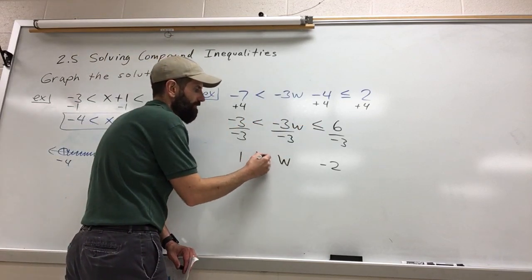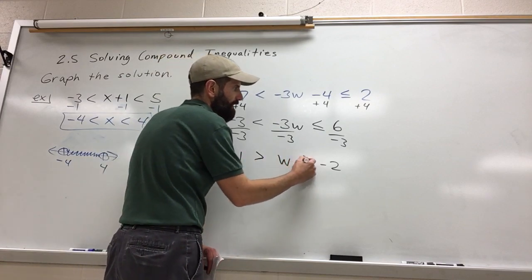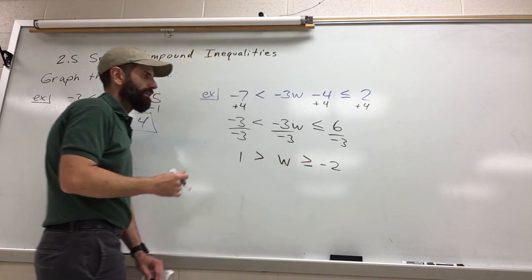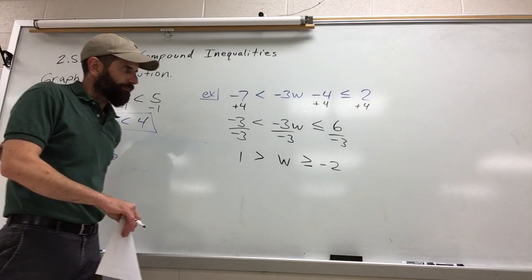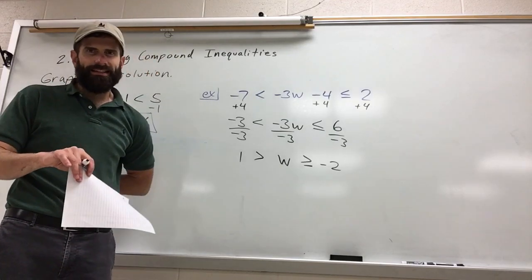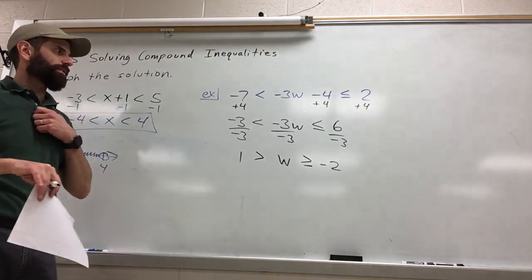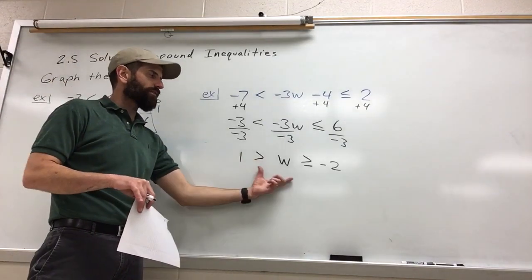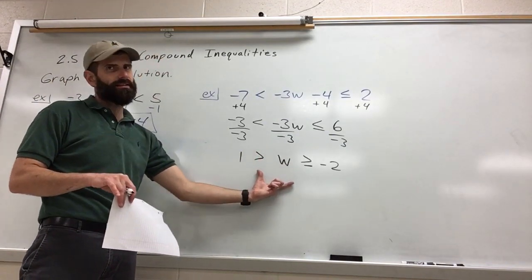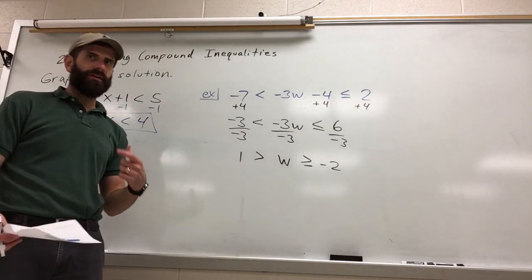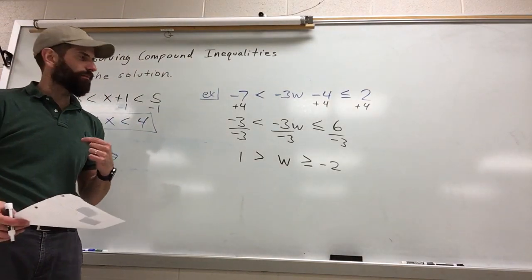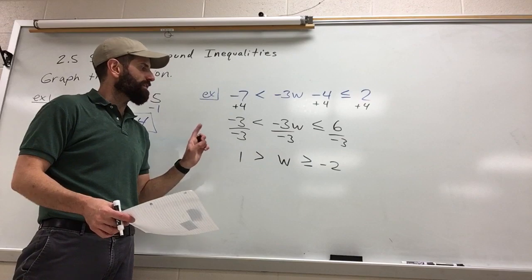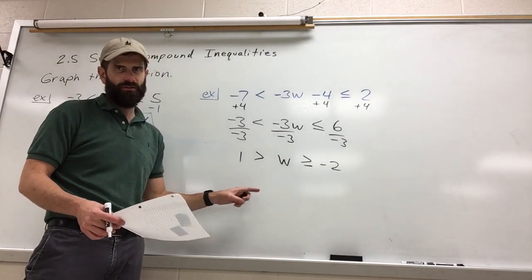Now here's the thing. On "and" compound inequalities, when you divide by a negative and the signs flip, you do have to take a moment to rewrite this. "And" compound inequalities always need to be written with the smallest number first, okay?